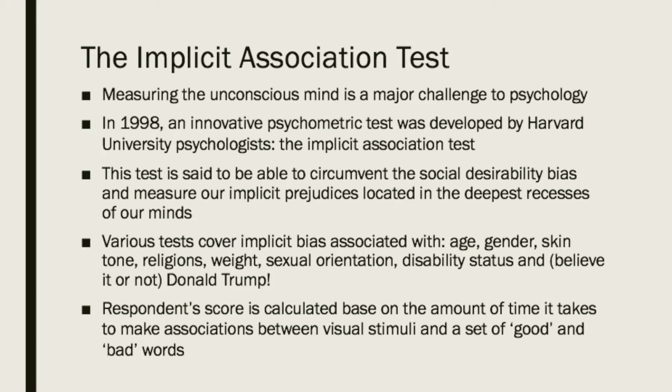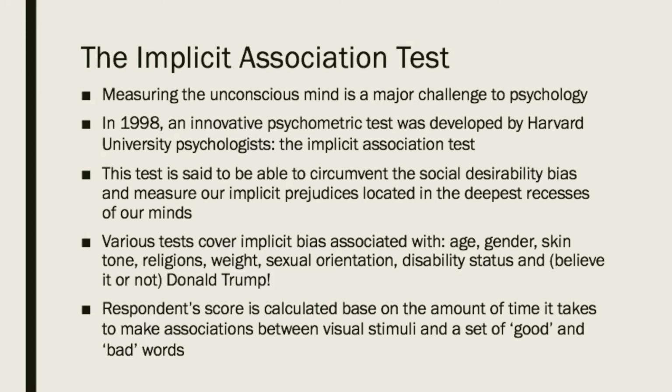Psychologists have theorized the existence of the unconscious mind for a long time, going as far back as Freud. But until 1998, they had no effective way of measuring unconscious biases or preferences. That year, some prominent psychologists at Harvard University designed what they called the implicit association test.